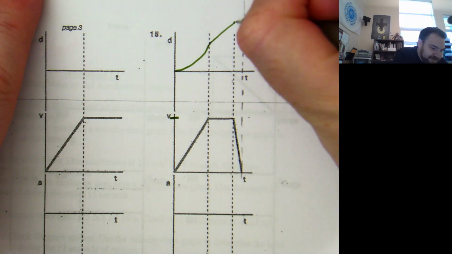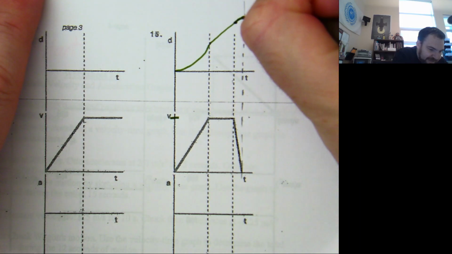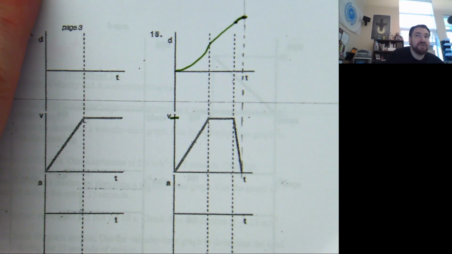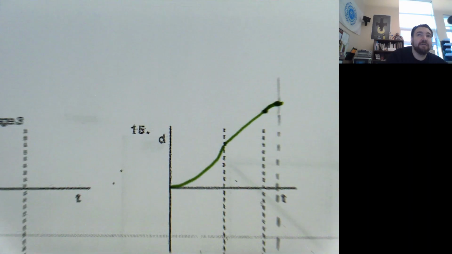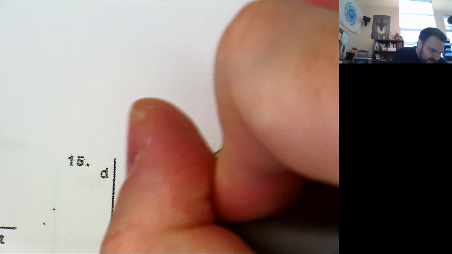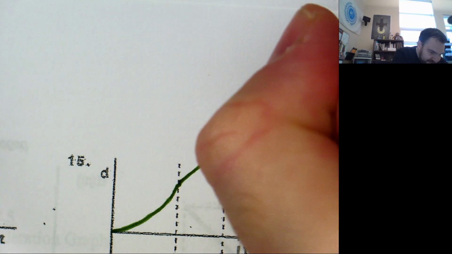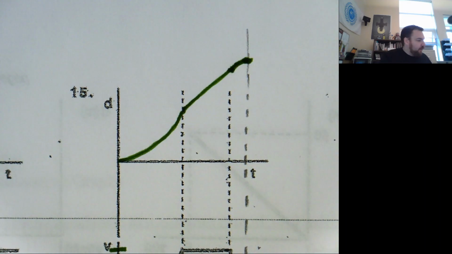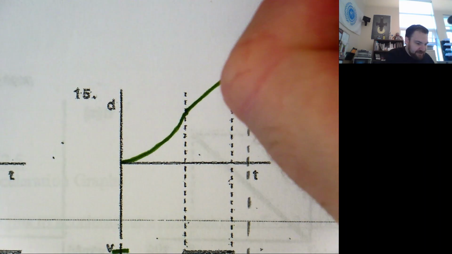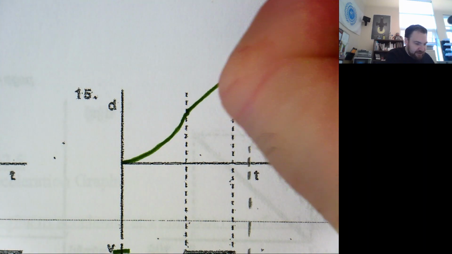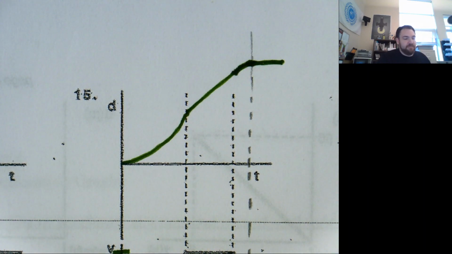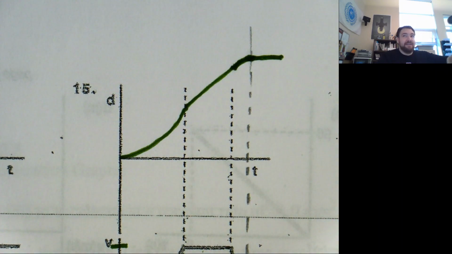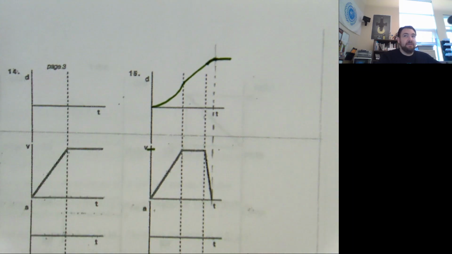This last little bit is going to curve up and be flat at that point, which is really hard to actually see what I've done there. So it's curved up, it's straight, and then it curves to flat. And when I drew it, I actually extended the flatness just to emphasize that this did curve up to zero. But that's how you do a question like 15.